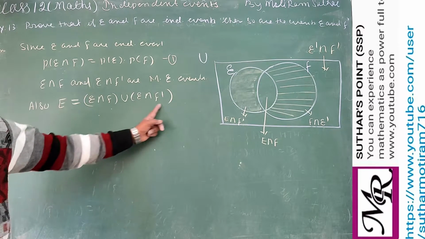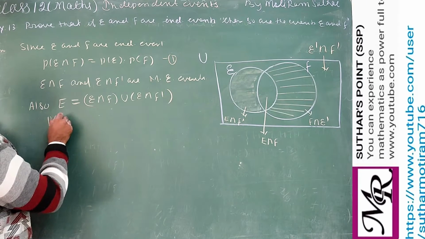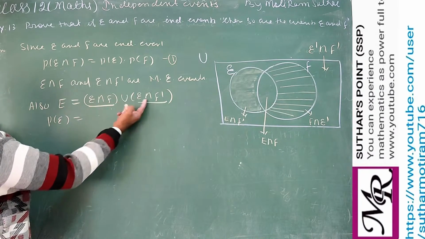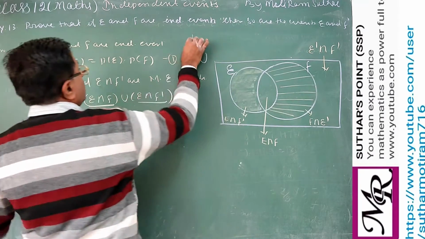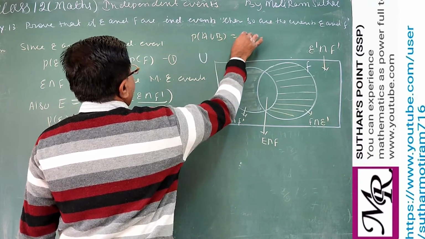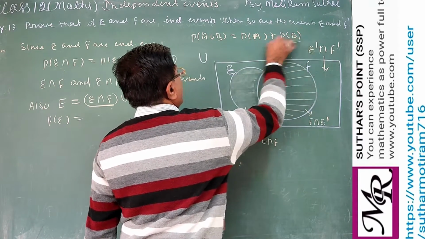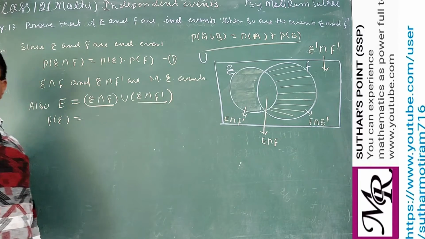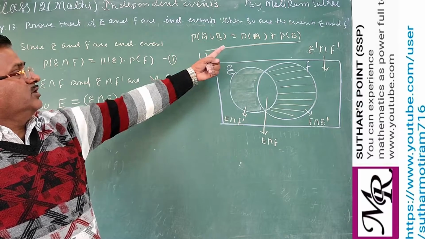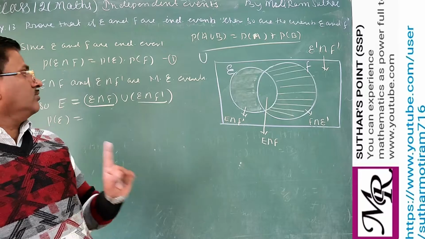Now, if we apply the probability formula P to A union B, where both are mutually exclusive, we use the formula given at the start of the chapter when discussing the properties of probability: P of A union B equals PA plus PB, where A and B are mutually exclusive events.